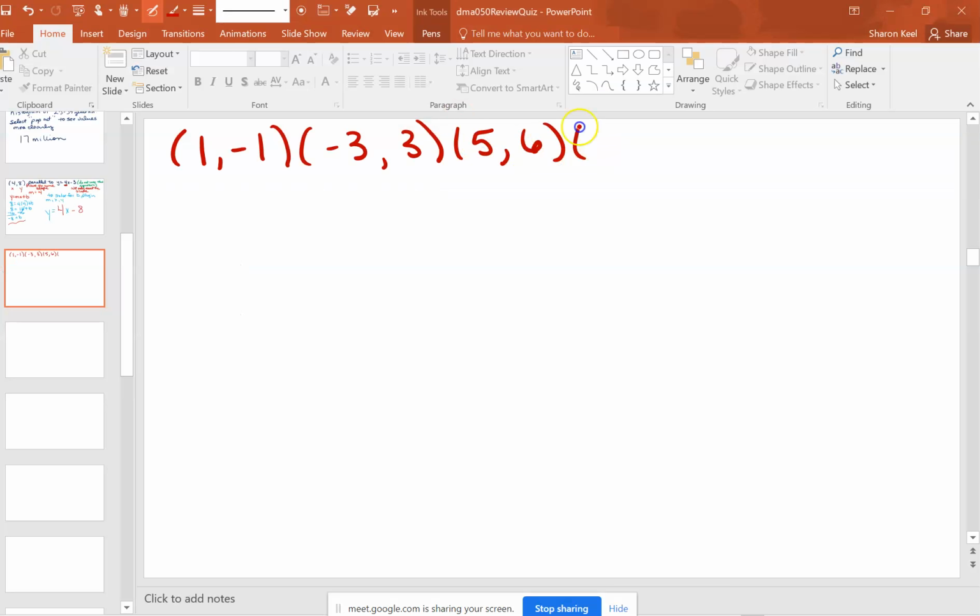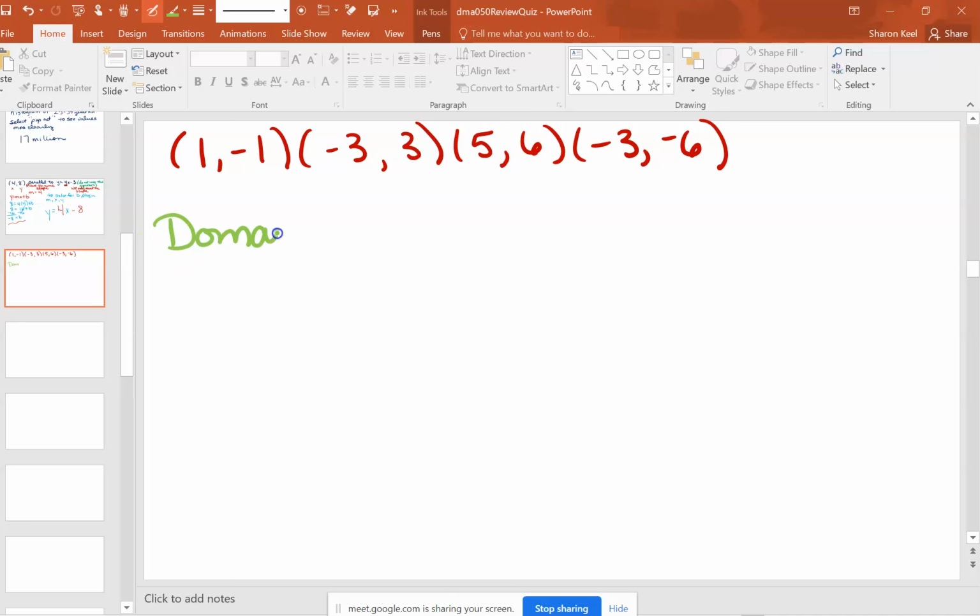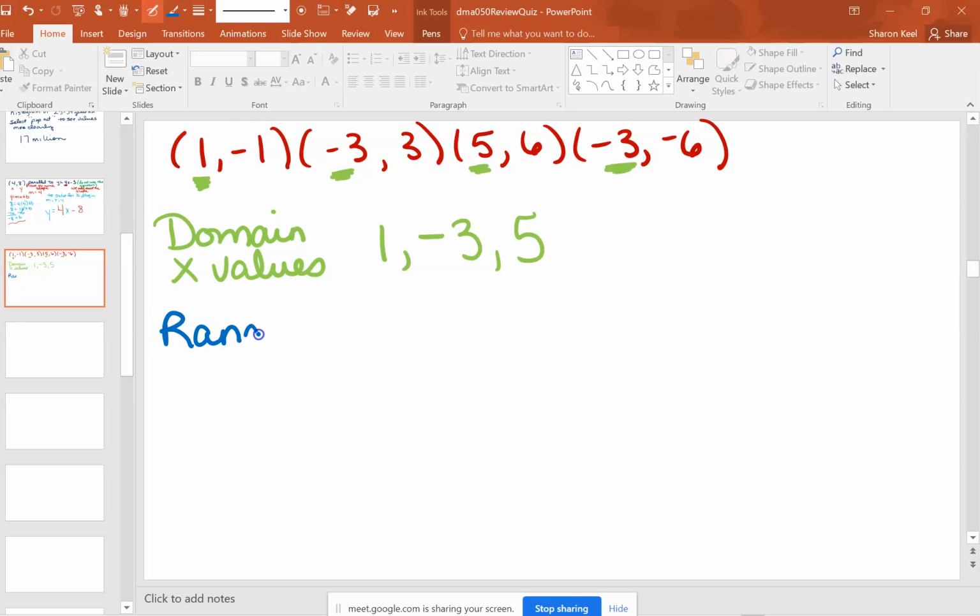Okay, so when they ask me for the domain, remember we mentioned, it's the x values. I'm going to underline the x values in green. So we have a 1, a -3, a 5. Now here's another -3. Do not write it a second time. It would be repeating itself. They will mark it as incorrect if you repeat it. The range is the y values.